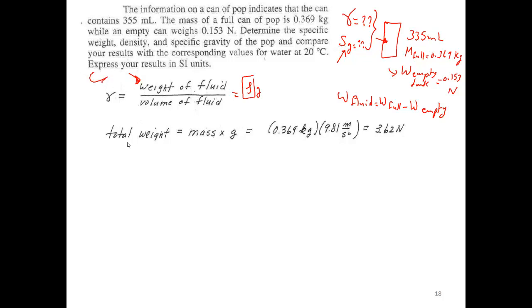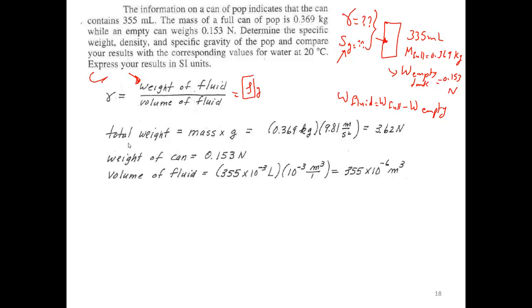So gamma is the full weight, 3.62, minus the empty weight 0.153, in newtons, divided by the volume.